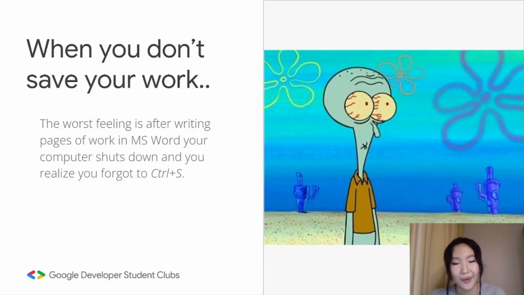So we all know that since RAM is a temporary type of memory, we've experienced this in the past where we've done lines and lines of work or pages of work on Microsoft Word, for example, and our battery runs out or your computer suddenly shuts down and you forgot to Control-S save.